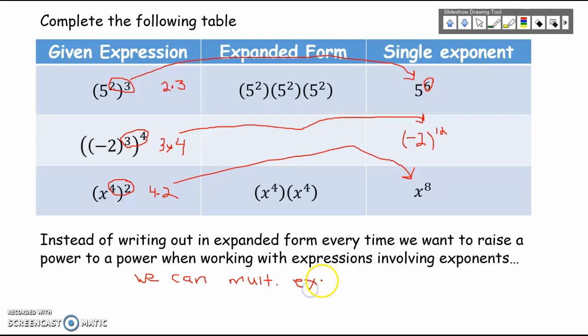I'm abbreviating, so make sure you know that EXP means exponents.